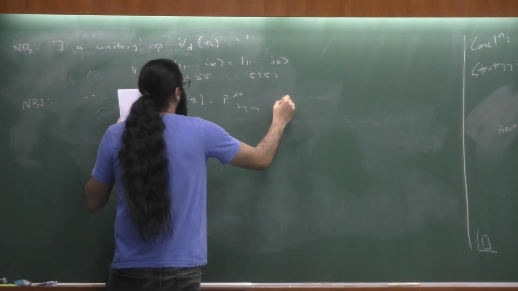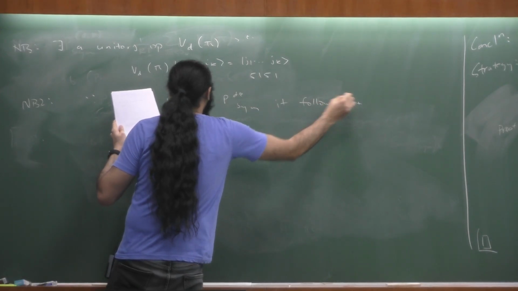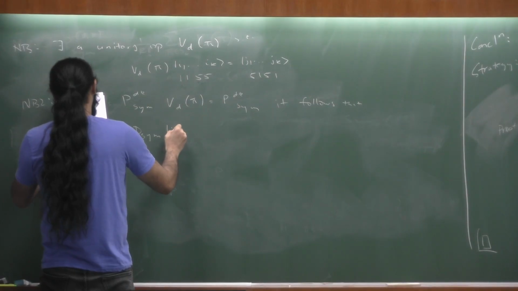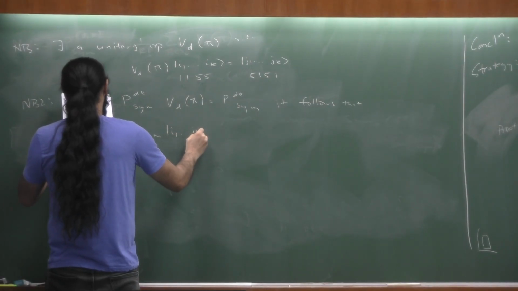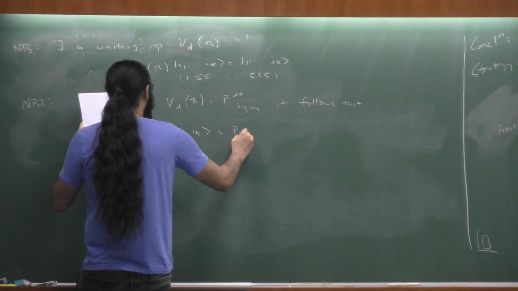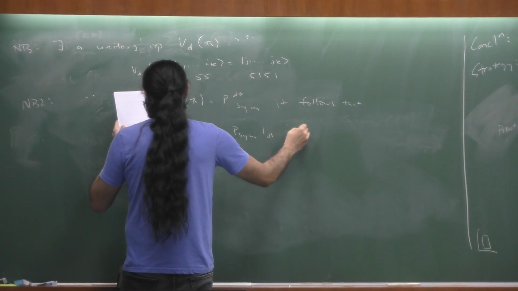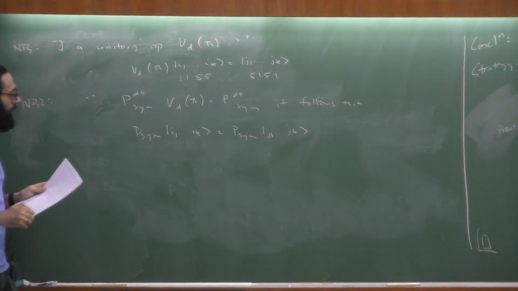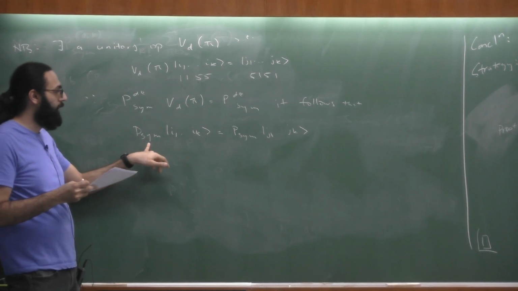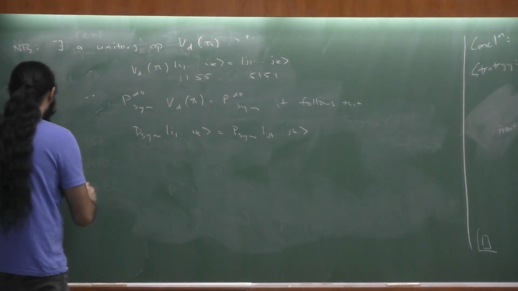It follows that P symmetric acting on i1 to ik is the same as P symmetric acting on j1 to jk, right? It's fine because permutations make no difference to the action of P symmetric. Okay, good.